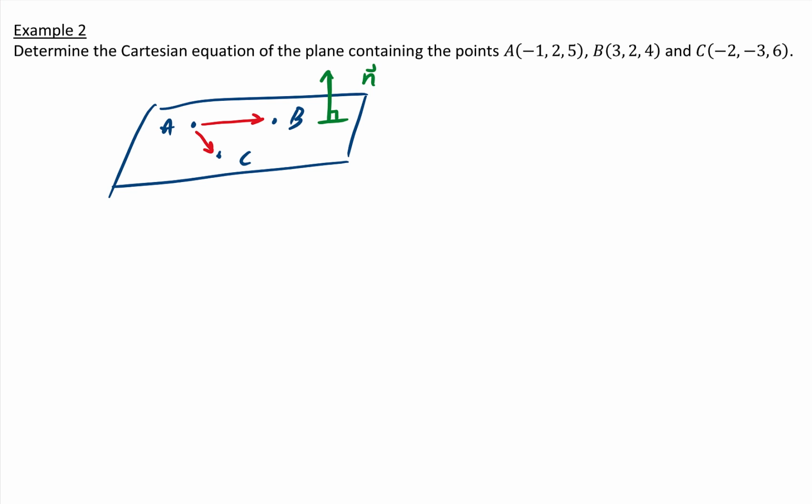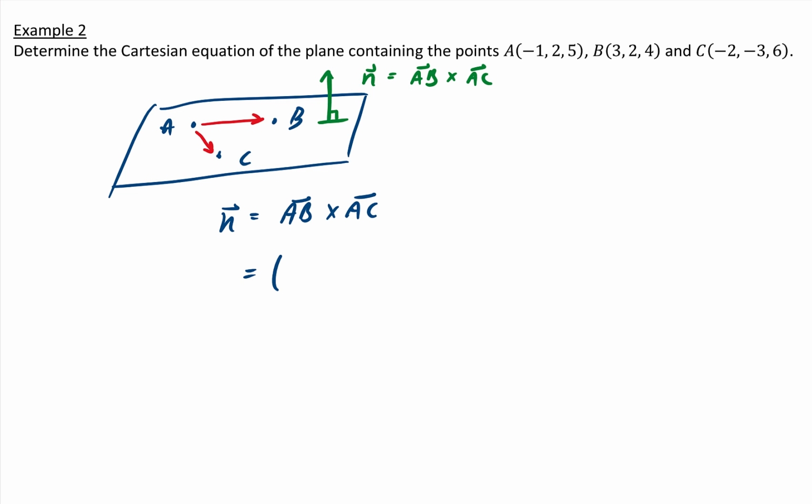The normal would just be the cross product of vector AB crossed with vector AC. Remember, the cross product gives me a vector that's perpendicular to a plane, and its direction is based upon the right-hand rule. So therefore, n is equal to AB cross AC.